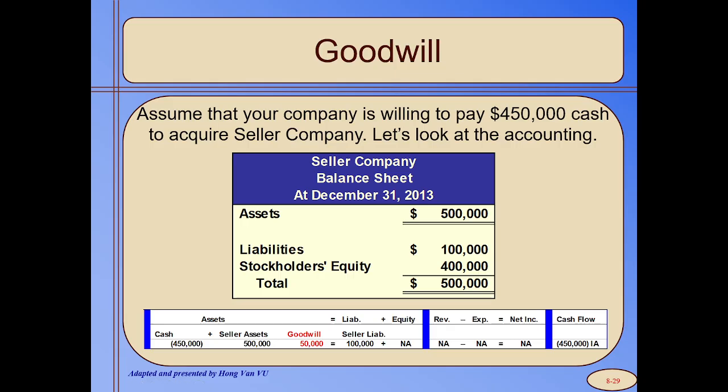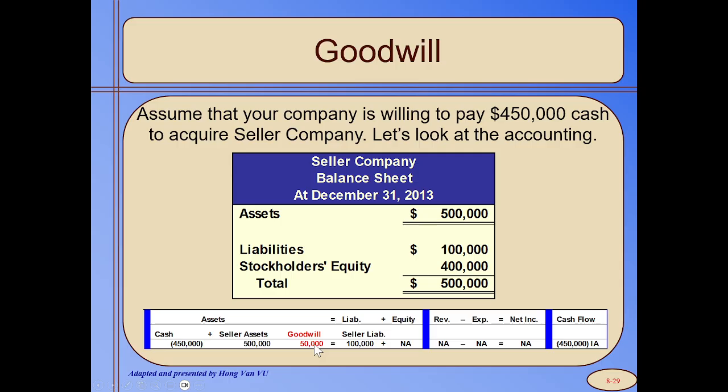As a purchaser, our cash account decreased by $450,000, but we received the assets of $500,000. In addition to getting the assets, we must assume the liabilities of the seller.